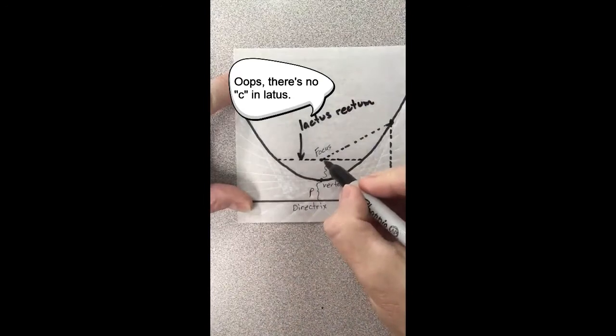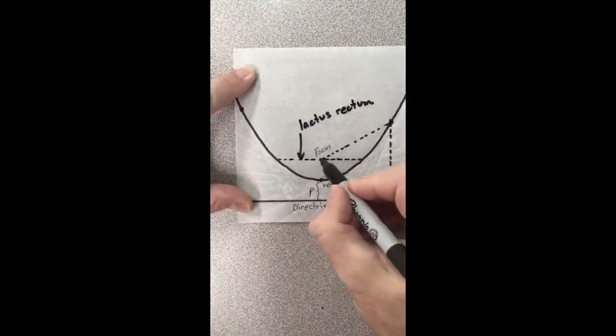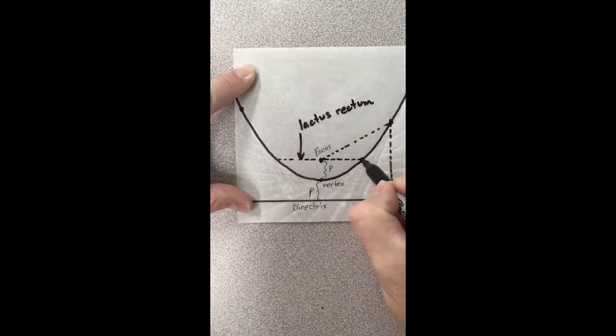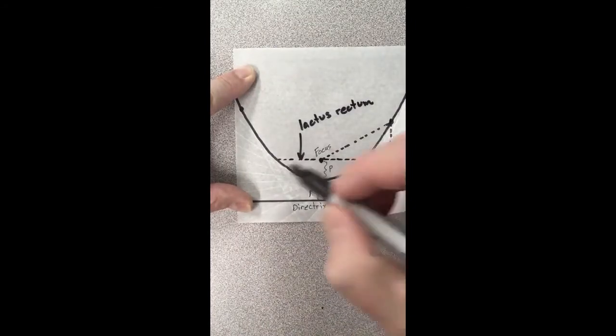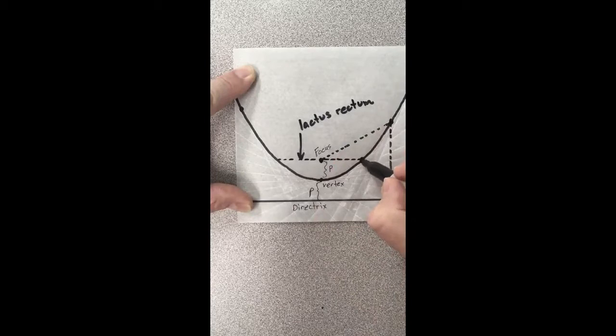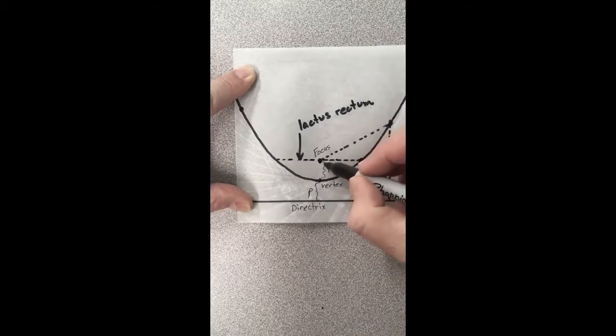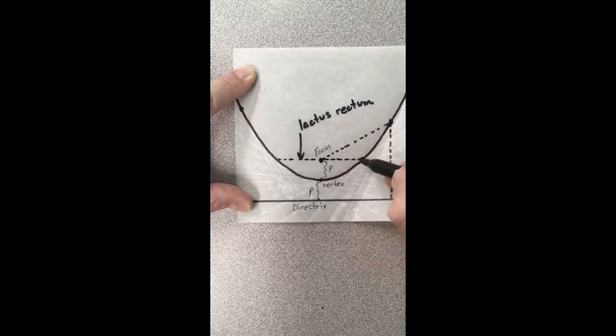Well, we know the distance from the focus to a point on the parabola is equal to the distance from that point straight down to your directrix. Well, this distance right here is 2P, which means the distance from here to here is also 2P.